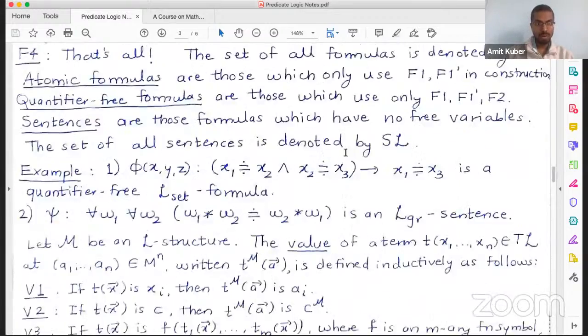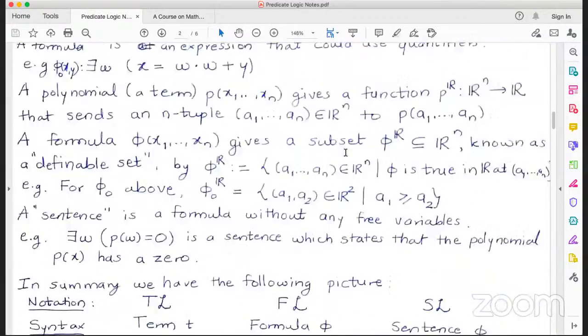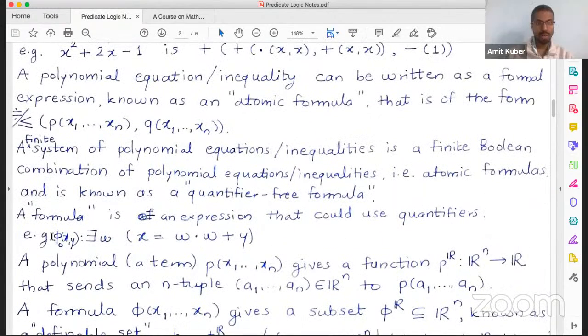Now I want to point your attention to this formula: there exists a W such that X is equal to W dot W plus Y. Something specific about this is that it is a formula in the language of rings. The language of rings consists of a binary symbol for addition, a binary symbol for multiplication, a unary symbol for negation, and two constant symbols for 0 and 1.